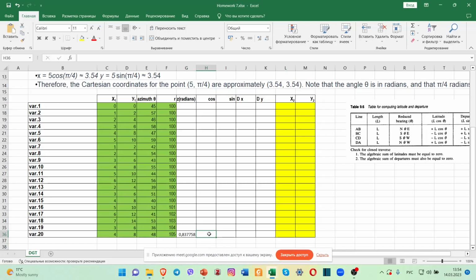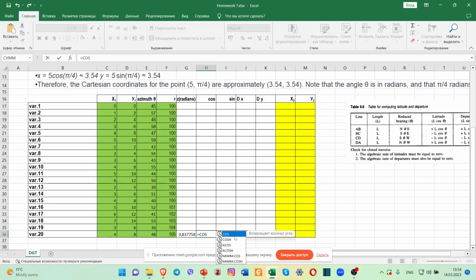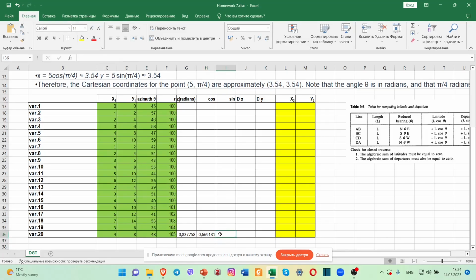Next step, we calculate the function cosinus of the angle in radians. Next step, we calculate the sinus function of the angle in radians.